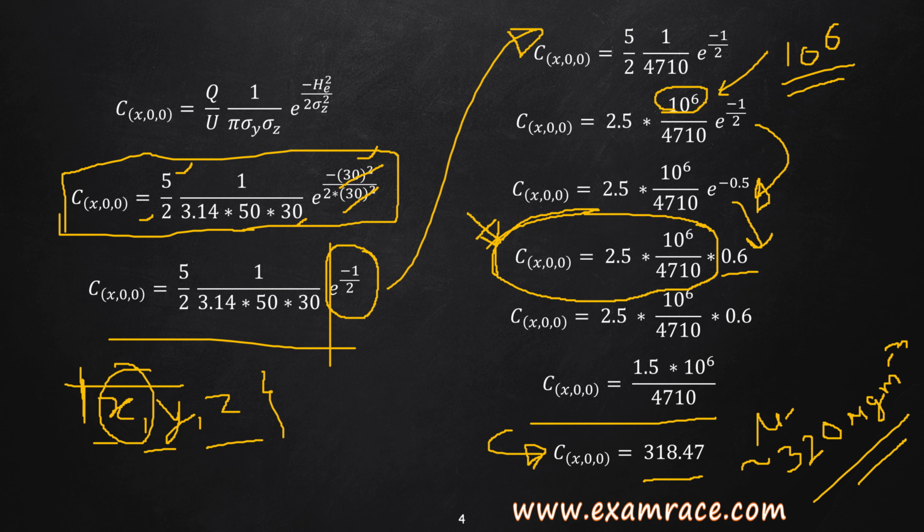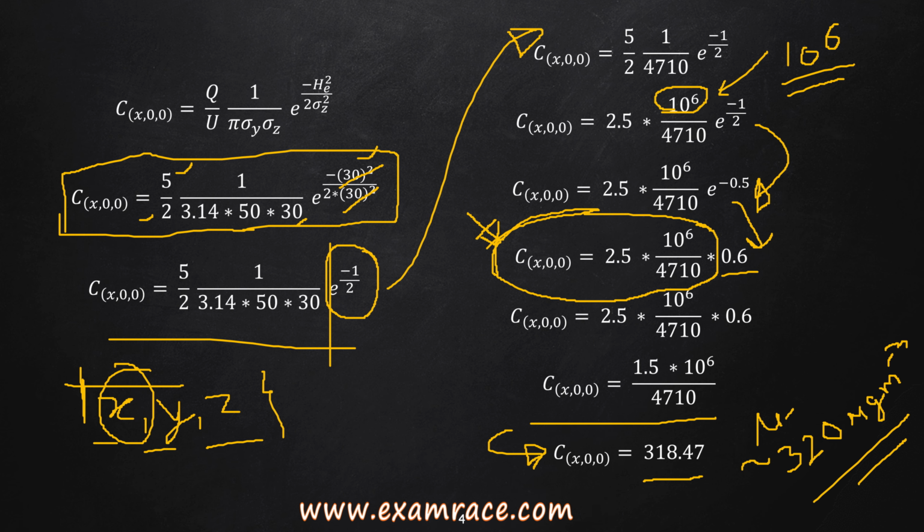This will cut this by this, so we'll be left with this equation, that is 5 upon 2 into 1 by 3.14 into 50 into 30 e to the power 1 by 2 minus 1 by 2. After solving this we'll get 5 by 2 into 1 upon 4710 e to the power minus 1 by 2.